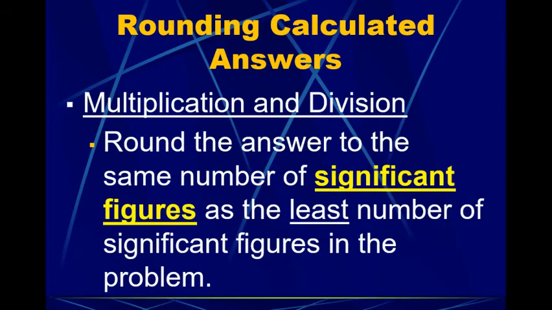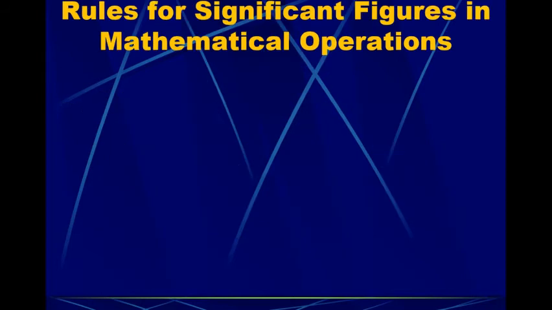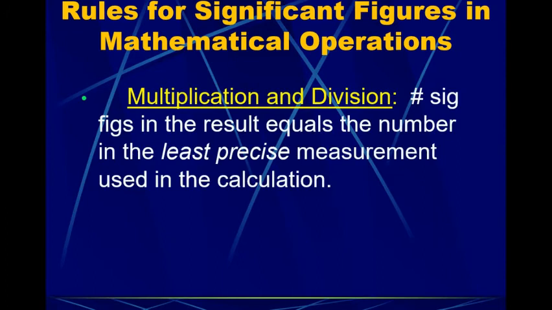Multiplication and division, you're going to round the answer to the same number of significant figures as the least number of significant figures in the problem. So let's see how that helps us. So remember, multiplication is the least precise measurement. If you look at the problem, you'll determine that 6.38 has 3 significant figures, 2.0 has 2 significant figures.